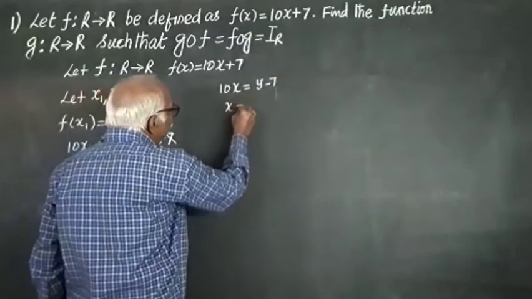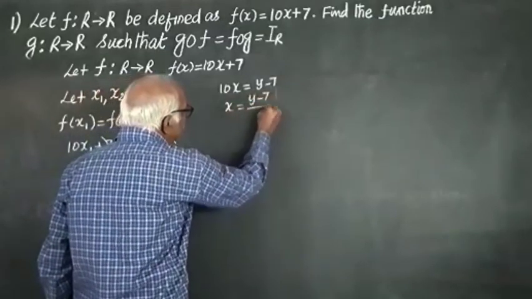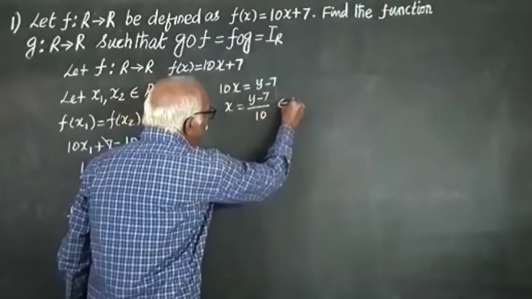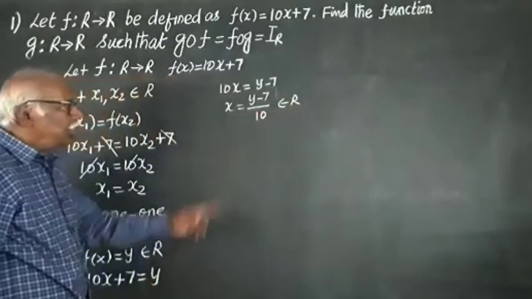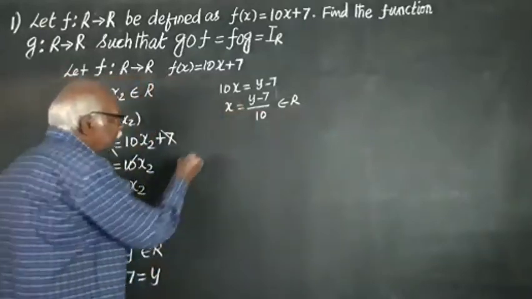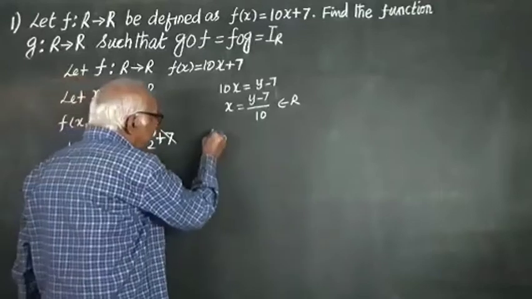So x = (y - 7)/10, which belongs to R. Then find f(x). We have to prove that f(x) = y.